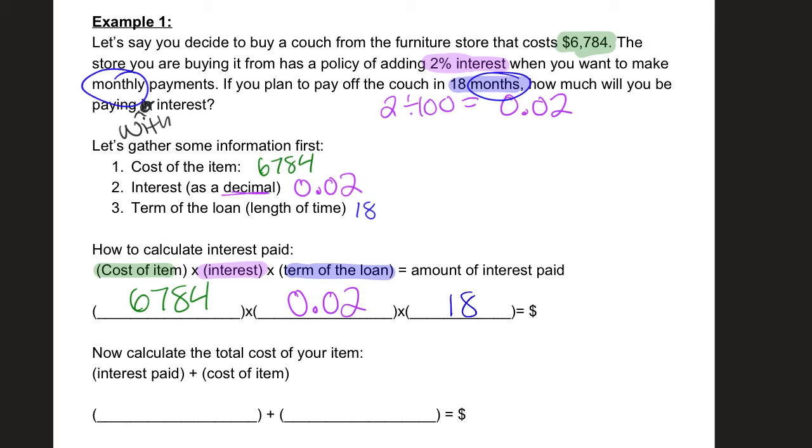Okay, I got $2,442.24. Okay, that is just the amount extra.